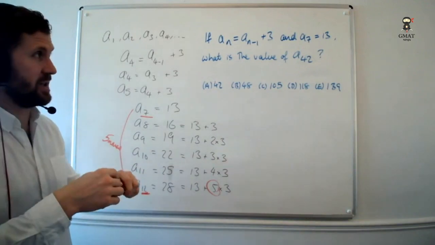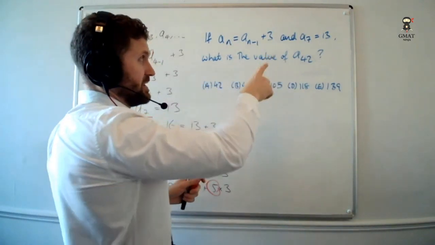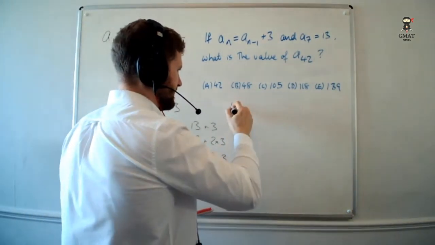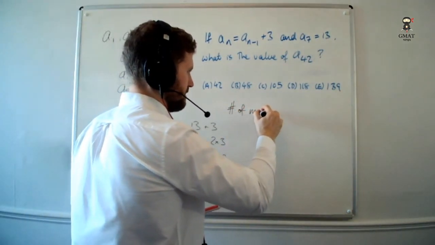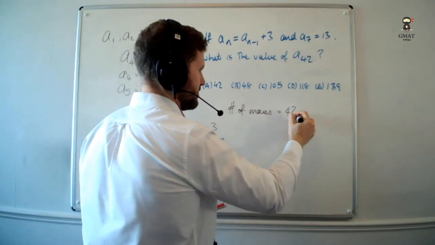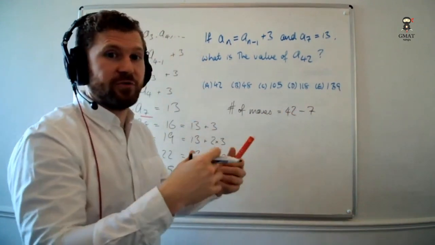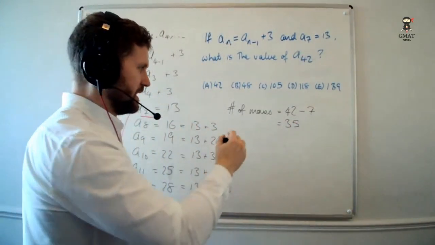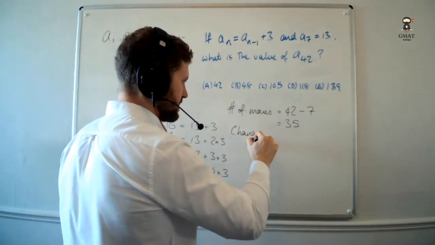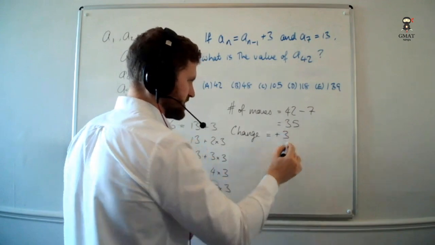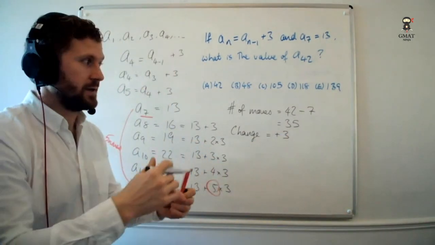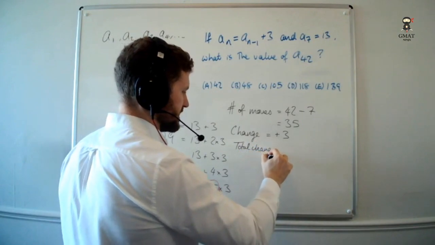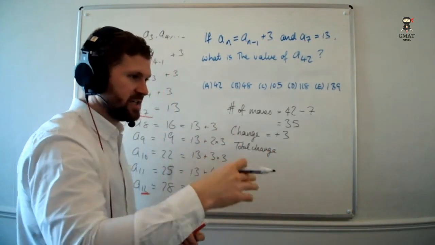So in this question, I want to go from A7 to A42. Now the number of moves, I can find that by just doing 42 minus 7, the difference in the number of terms, in this case, 35. The change is plus 3. Sorry, when I say change is plus 3, that's the change in each term.